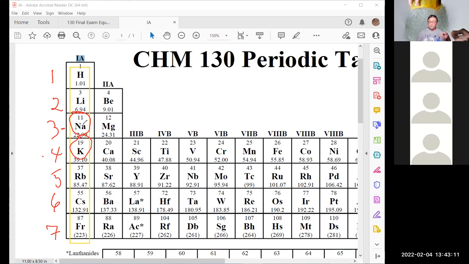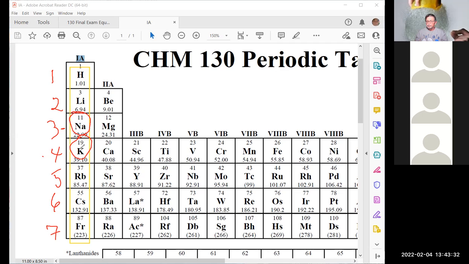Lithium and sodium and potassium and so forth all have similar reactivity simply because they share the property of having 1 valence electron.